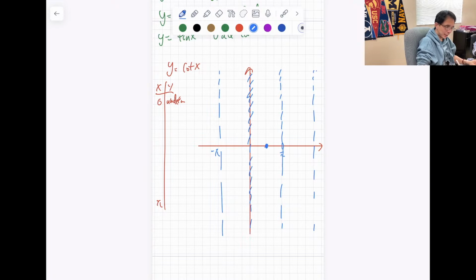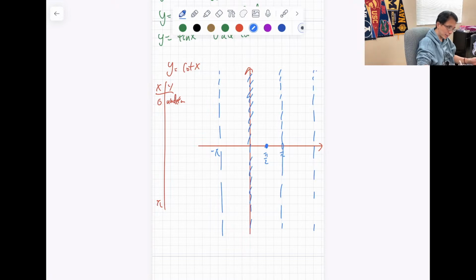Now, this one is going to be pi over 2, right? Because cotangent of pi over 2 is 0. Is that okay? What happens with cotangent of pi over 4? Cotangent of pi over 4 and tangent of pi over 4 are the same, actually. So it's 1.